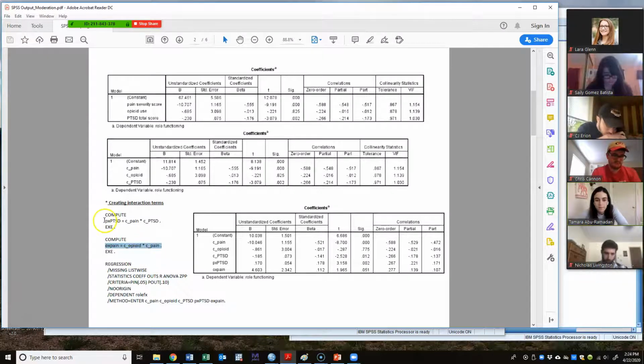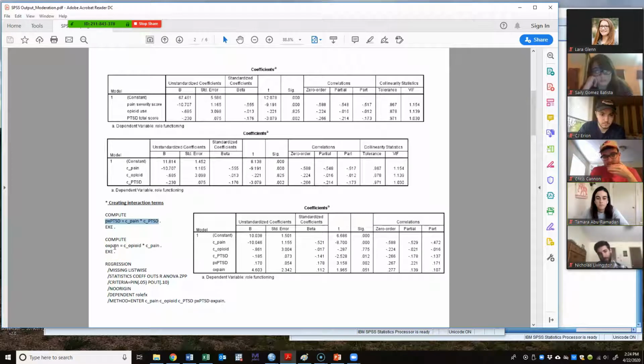Yep. And what about this one? Whether pain ratings are affected by PTSD ratings. Right. So this is a test of our conditional effects, right? These are our moderation effects. This allows us to see whether or not we have evidence for conditional effects of pain and PTSD in this one, and of pain and opiate use in this one.